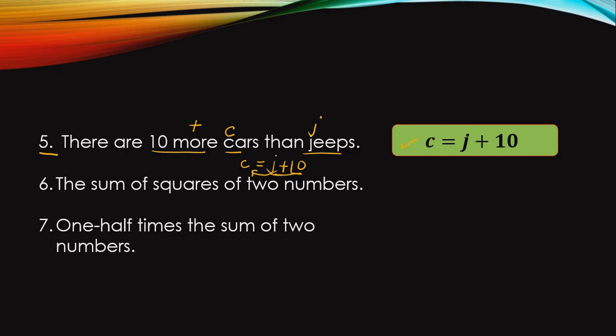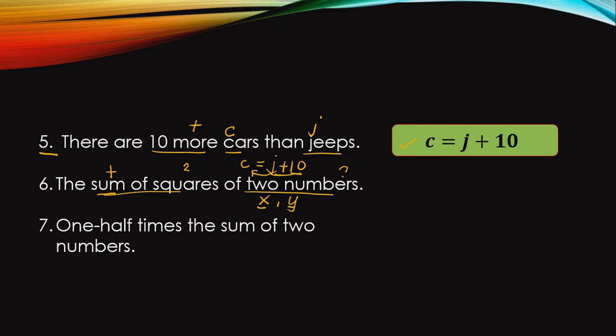Next, number 6. The sum of squares of two numbers. When we say sum, this is addition. Squares means raised to the power. And then, two numbers. We do not know the two numbers, so we can use x and y.